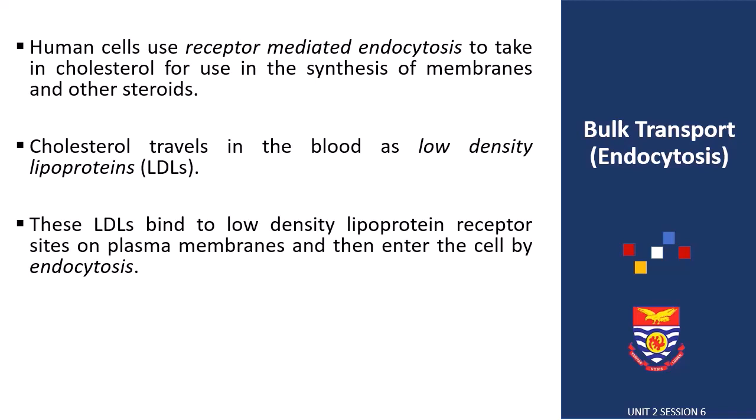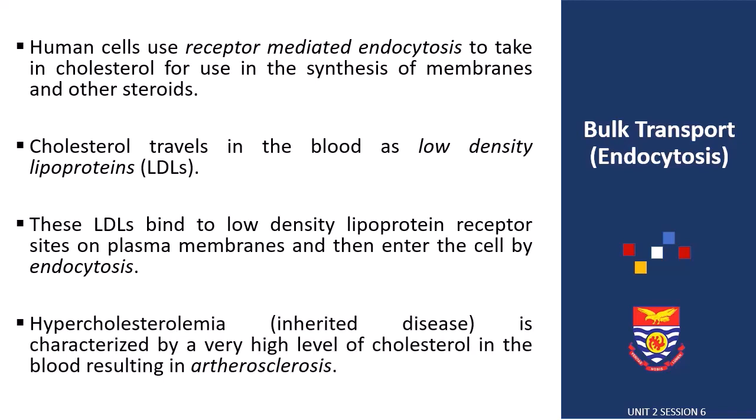So in humans, when there is a defective or absent low-density lipoprotein receptor protein, there's a buildup of lipid deposits within the walls of blood vessels. So the lumen of the blood vessels becomes narrow and blood flow is impeded. This results in the condition referred to as hypercholesterolemia, which is an inherited disease in humans characterized by a very high level of cholesterol in the blood, resulting in atherosclerosis.